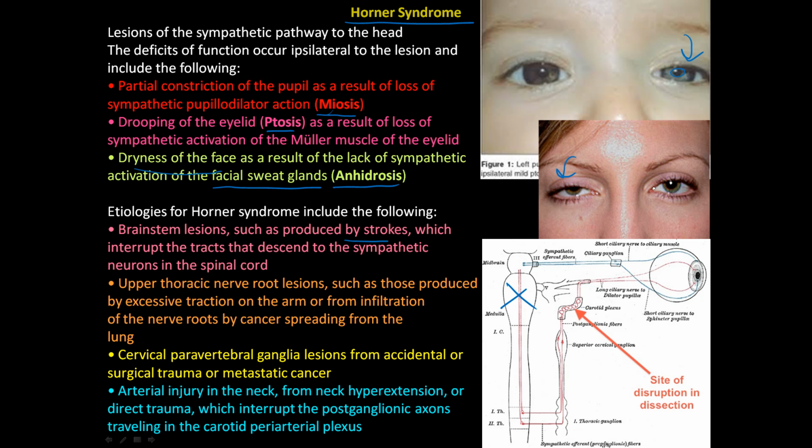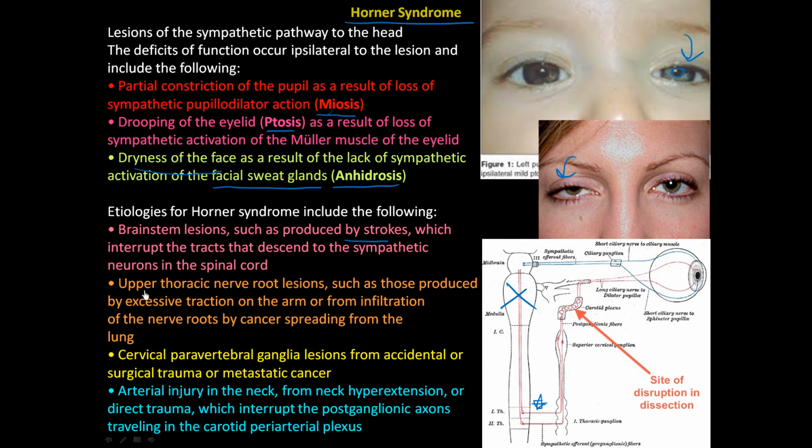These are the preganglionic neurons right here, because the preganglionic cell bodies are in the intermediolateral horn of the spinal cord. Inside the nervous system, you have these neurons coming down that synapse on the preganglionic neuron, and these can be taken out by strokes, and that can cause Horner syndrome.